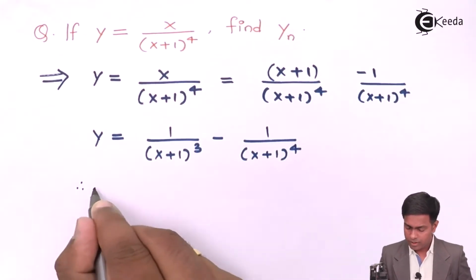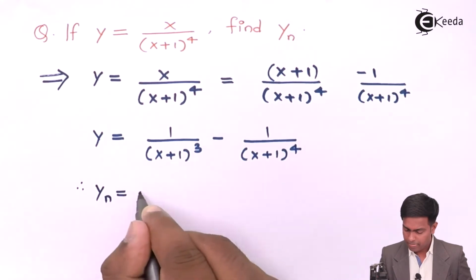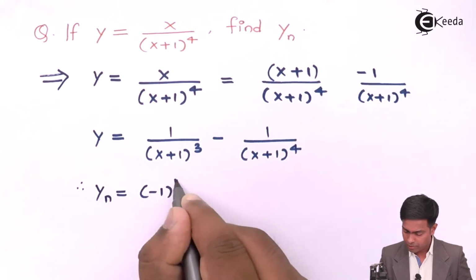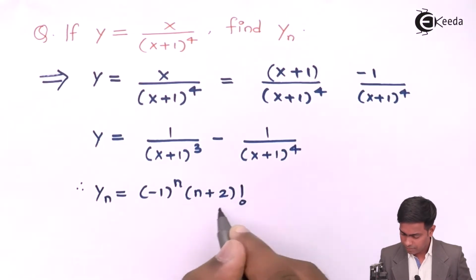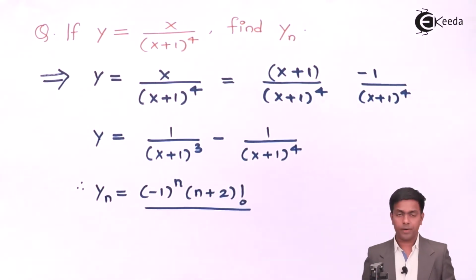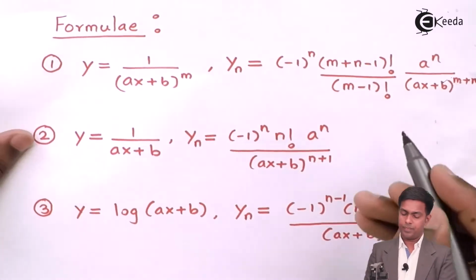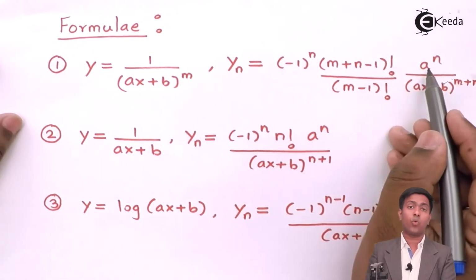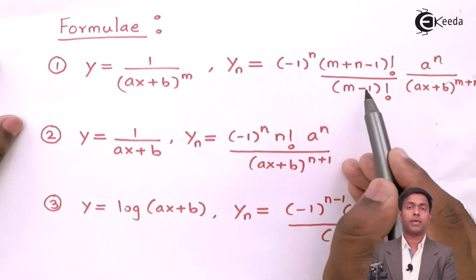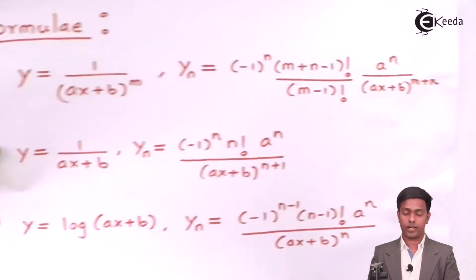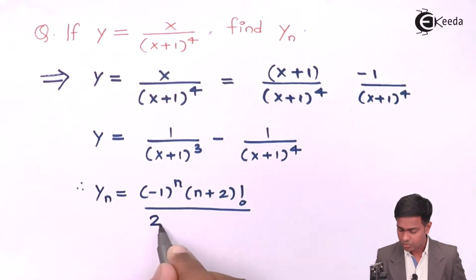So therefore the yn is given by minus 1 to the power n, n plus 2 factorial upon, now let's come here. The value of a is 1, so 1 raised to n is 1. Next, m is 3, so 3 minus 1 is 2 factorial, and we know 2 factorial is 2. So here I'll say it is 2.